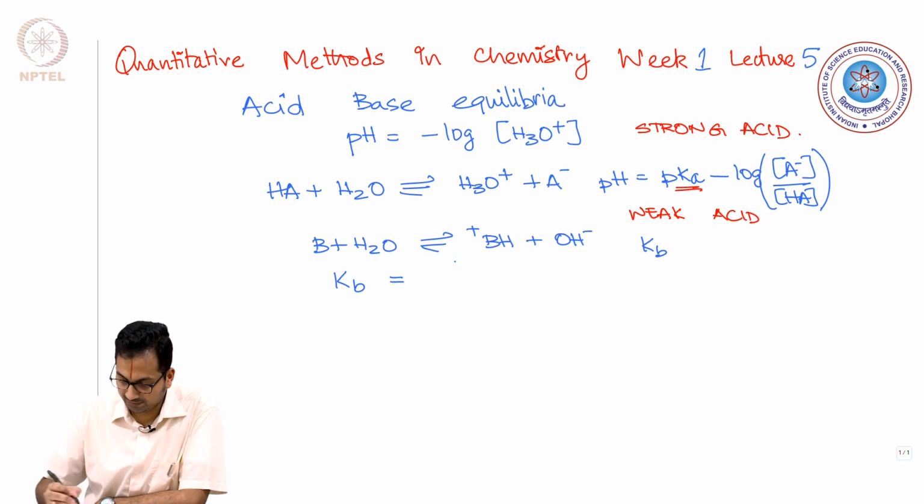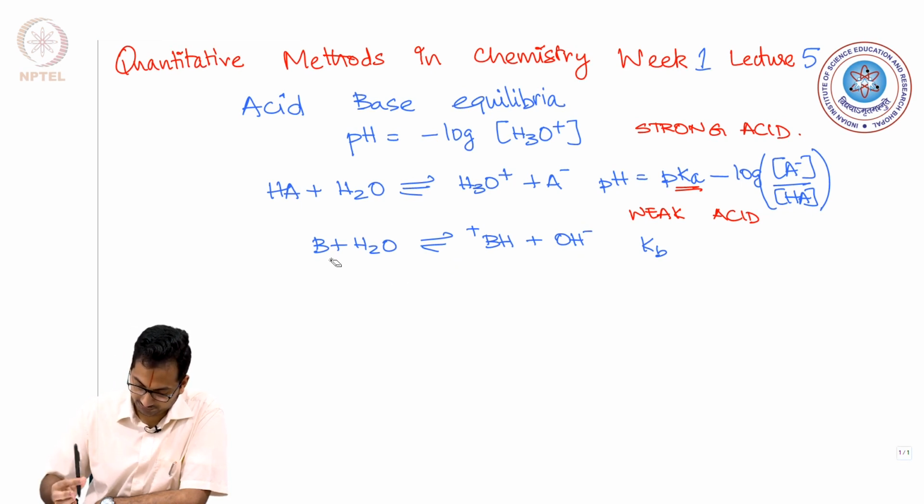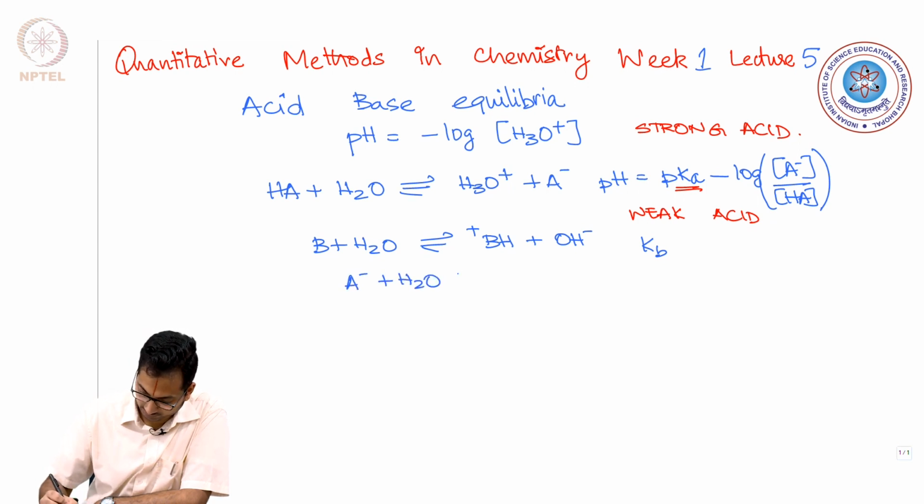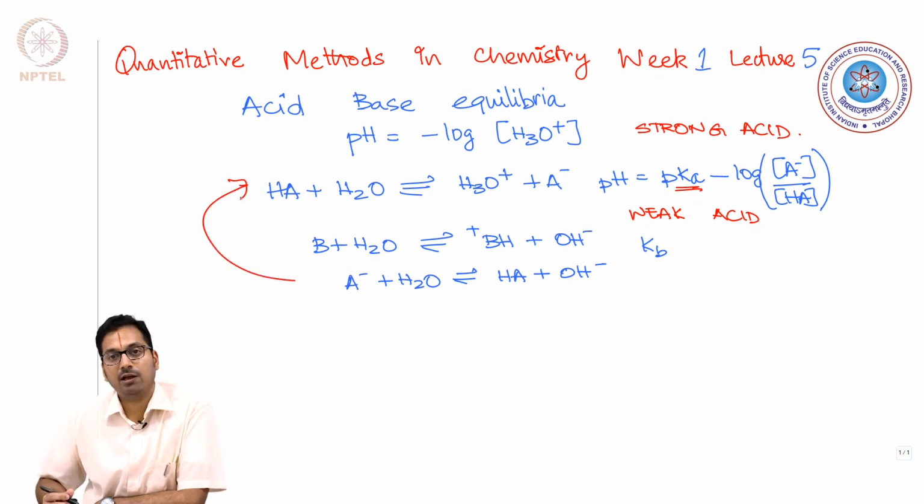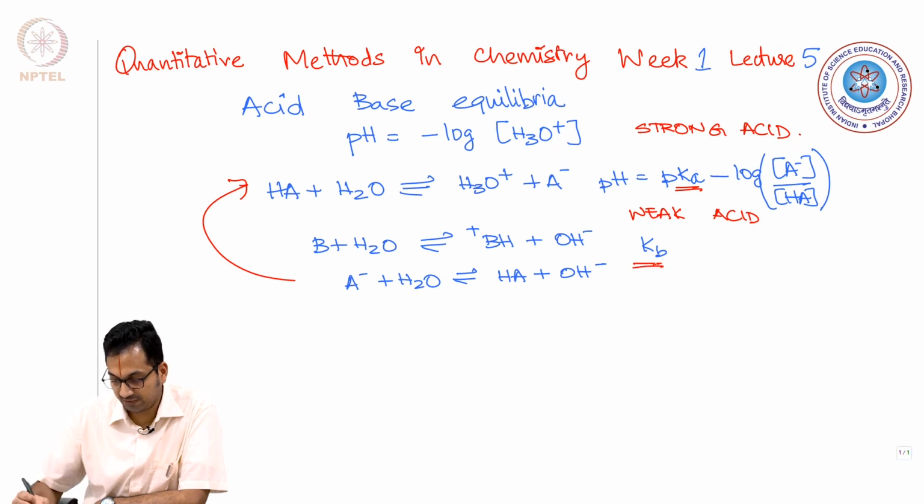So, let us take a similar example as we had taken earlier. For instance, let us say you have A- + H2O giving HA + OH-. So, similar to the acidity constant that you have seen before, we are talking about Ka and Kb for the same chemical.